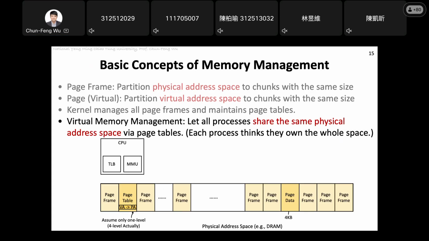So here is some basic knowledge you need to know for the hardware part. Inside the CPU, there are two hardware components. One is called the TLB, the translation lookaside buffer, and the other is the MMU. When the CPU is going to get data from memory, it needs to know the physical address of the memory, right?